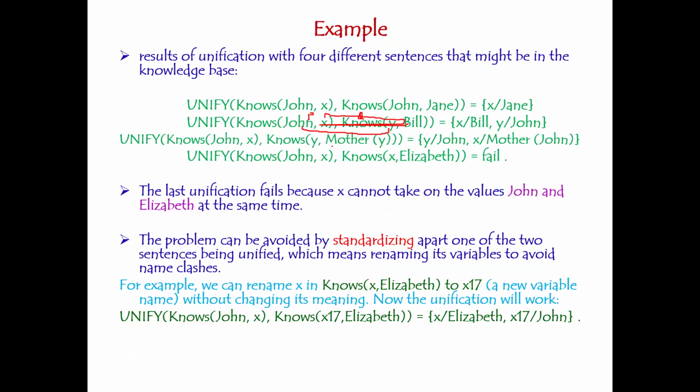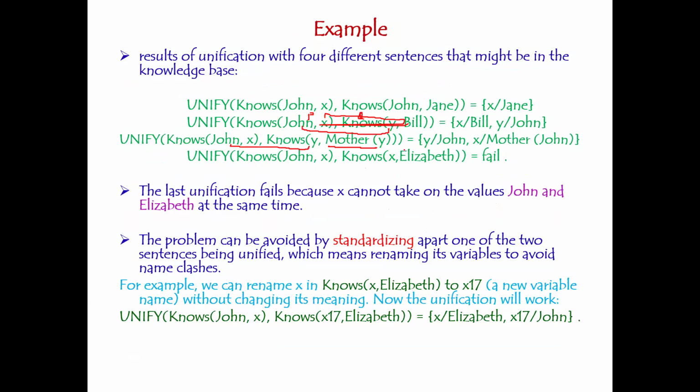So here you can see a compound statement. In the knowledge base we have Knows(John, X), Knows(Y, Mother(Y)). So here in place of this we have a compound statement. So in this case what will we do? First we will try to take the substitution for Y. Okay, so for Y the substitution is John. For X what is the substitution?